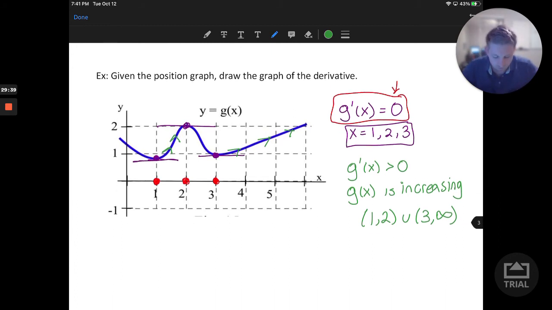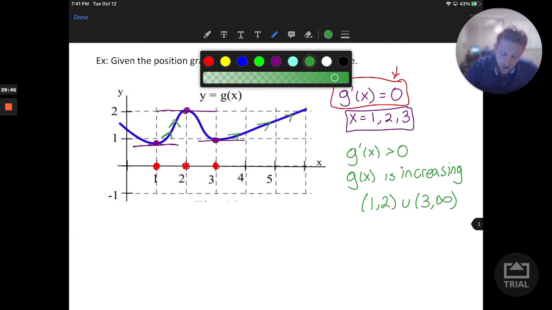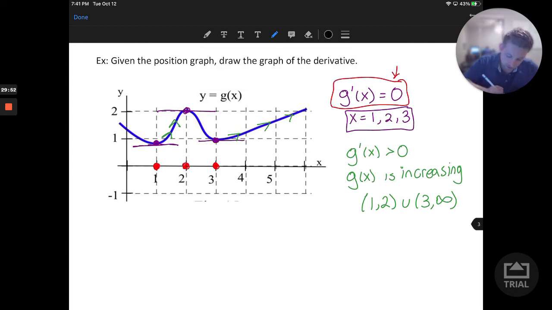Before I make a sketch with that, let me go to the decreasing intervals. I can consider where my function is decreasing next. If I consider where g prime of x is going to be less than 0, that would be where the original function, g of x, is decreasing.